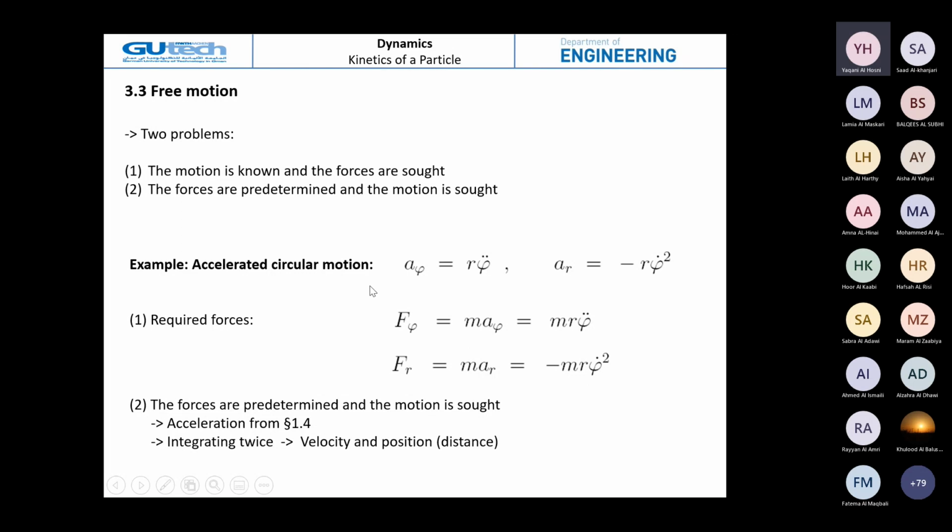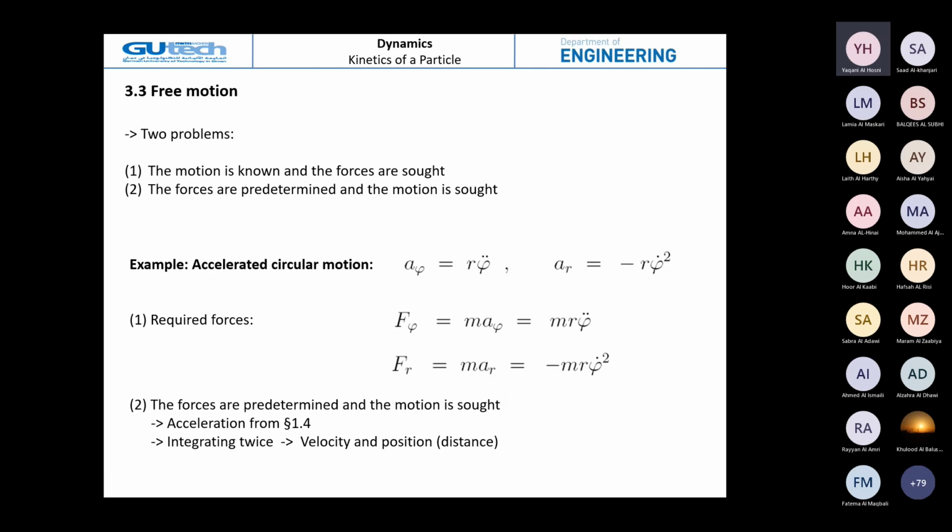Now, if you want to get the forces in the radial as well as the circumferential direction, we have the circumferential force, which is the mass multiplied by the acceleration in the circumferential direction. And we have the radial force, which is the mass multiplied by the radial acceleration.